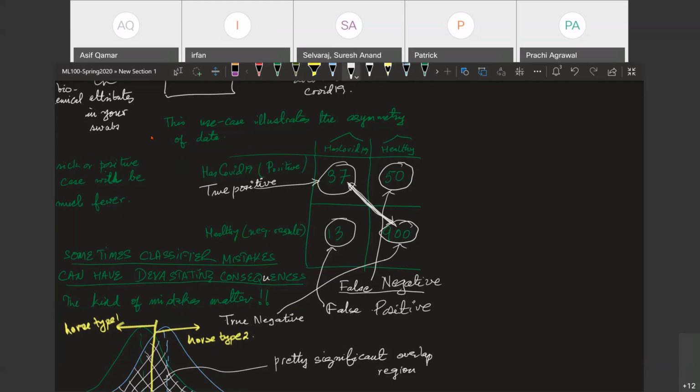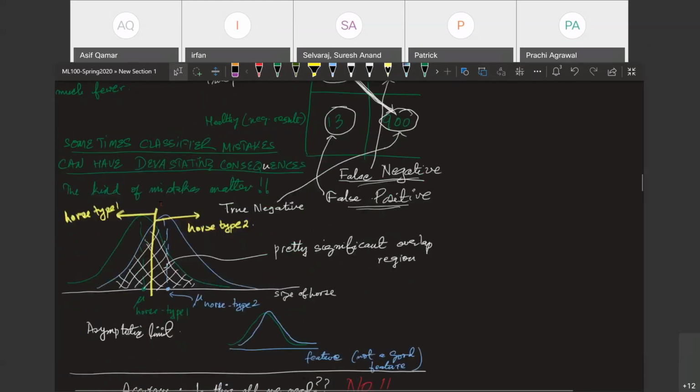Look at these 50 people, they have COVID, and you say no, I mark them as healthy. So what did you do? You forgot to catch them, a false negative. In the opposite case, when they're healthy but you call them to have COVID, you are having a false positive. Okay, so this naming is correct.